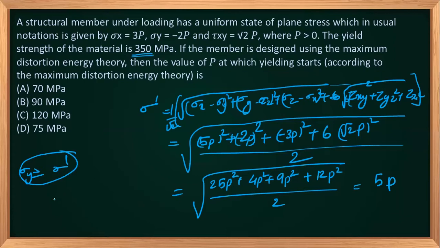So if I take the equality, 350 will be equal to 5p, and your p will be equal to 70 MPa. Okay, so the answer is there. I hope that I didn't make any calculation errors, so you can correct that.